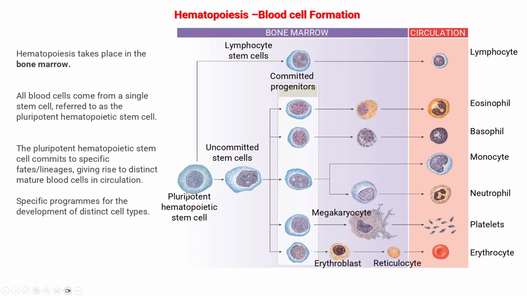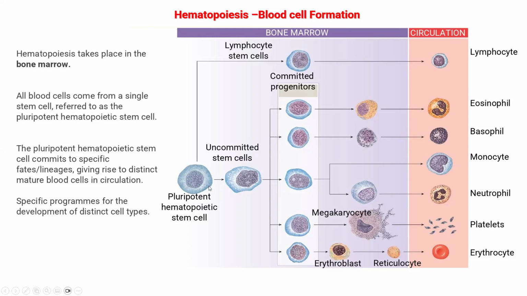What is this cell? It is called the pluripotent hematopoietic stem cell. Where is the pluripotent hematopoietic cell? In the bone marrow. The pluripotent hematopoietic stem cell commits to specific fates or lineages. This is our lineage of production, giving rise to distinct mature blood cells in circulation.